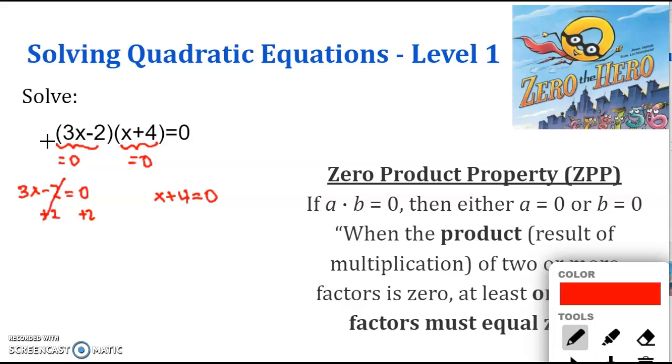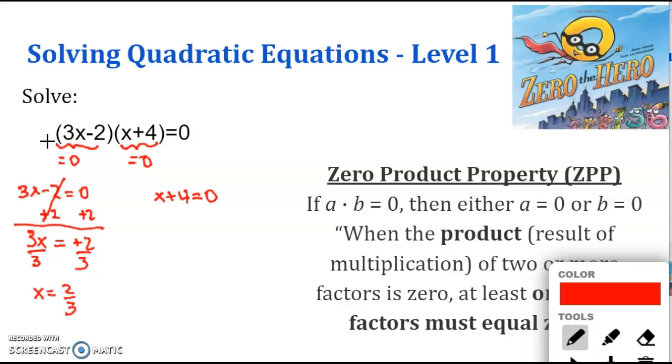So that goes away, and you're just left with 3x = positive 2. The negative 2 has come to the other side, but with the opposite sign. Then you divide both sides by 3, and you get x = 2/3.